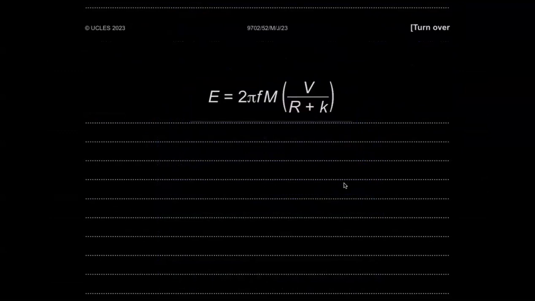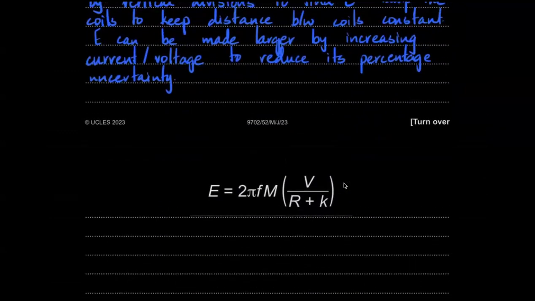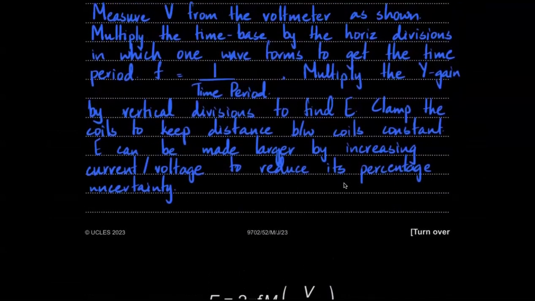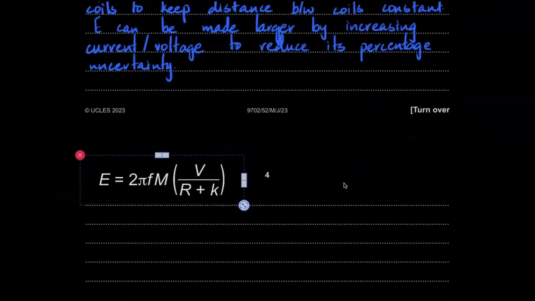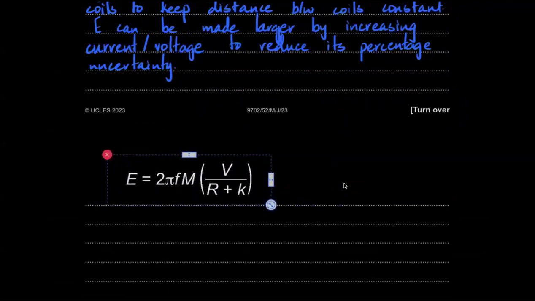If you think about this, we have E as an independent variable, and there's the R, which is a dependent variable. So if I just expand out these brackets, I think that's going to work in my favor.